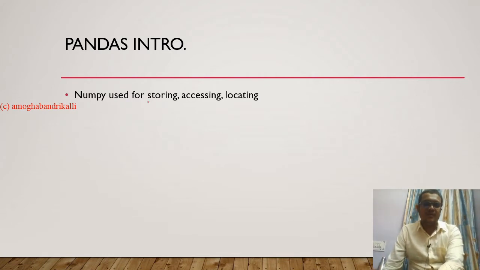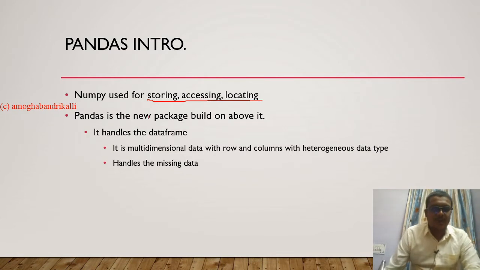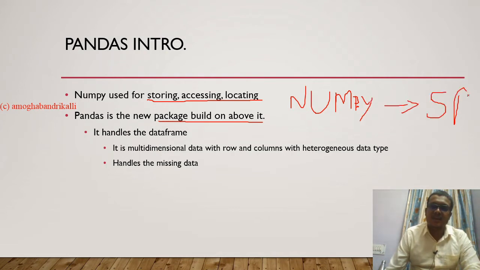As we know, NumPy is used for storing, accessing, locating the databases of heterogeneous data. Pandas is a new package built on top of it, so on top of NumPy you have pandas. In NumPy, you need to have the same data type.